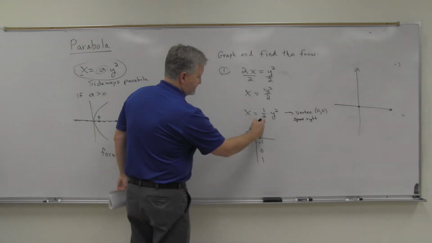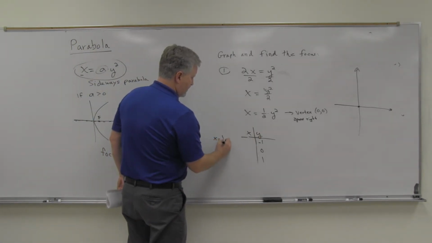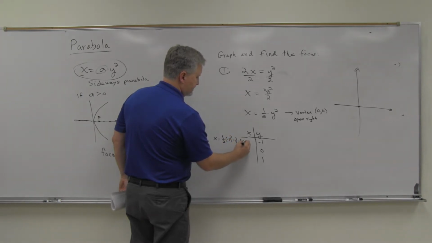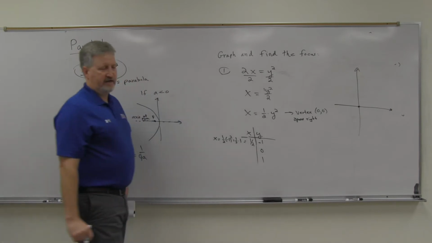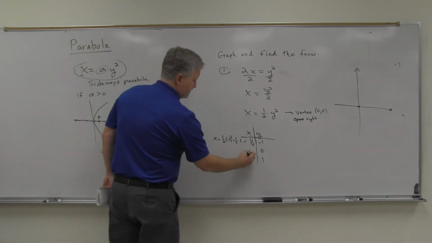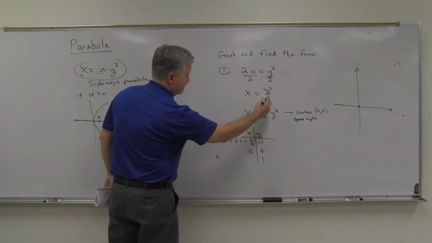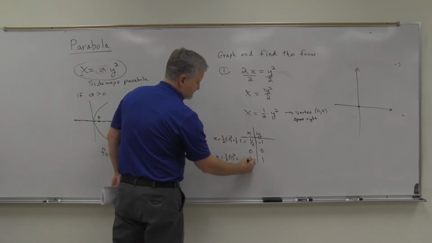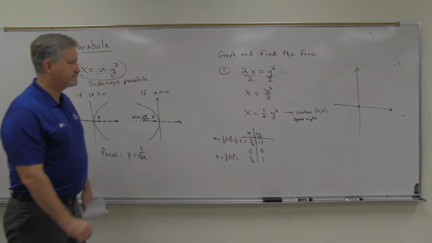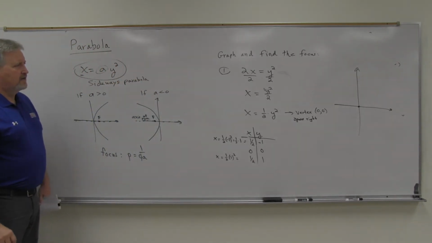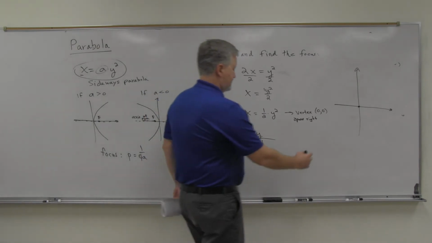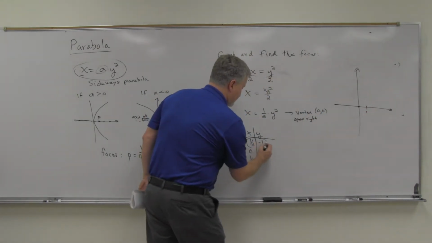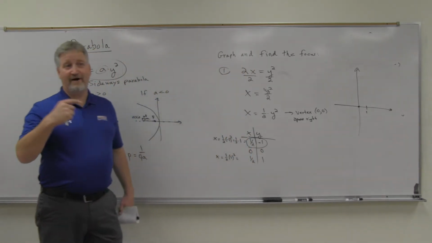That makes x equal 1/2 times -1 squared, which is 1/2 times 1, so x would be 1/2. Of course, 0 gives you 0. And if y is +1, x is 1/2 times 1 squared, which is also 1/2. Now, what does that mean as far as the graph goes? Read this correctly: x is 1/2, y is -1.